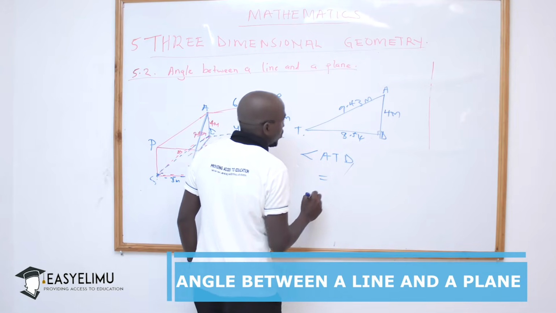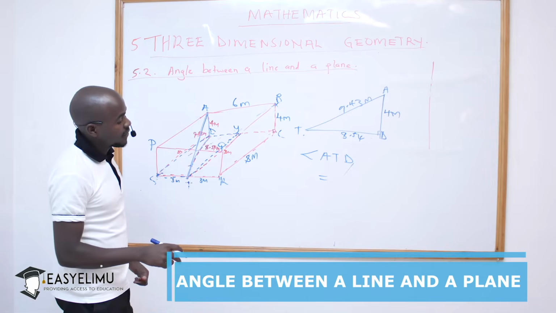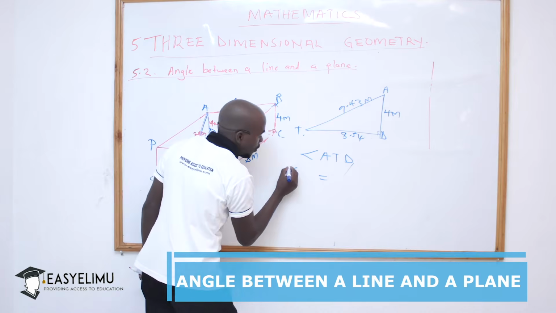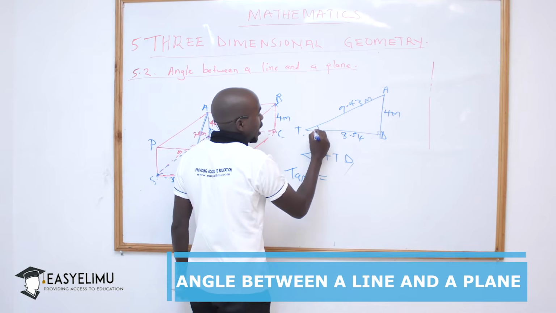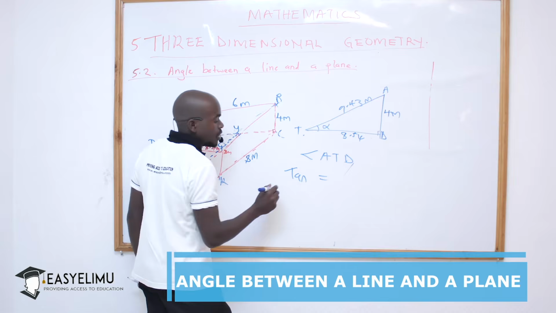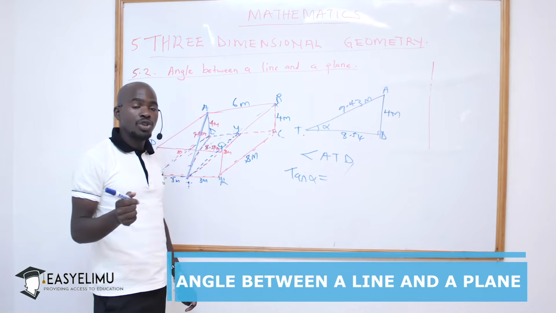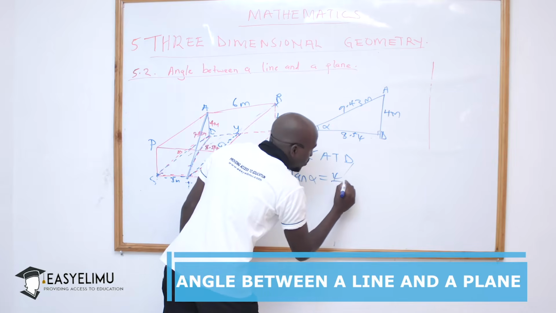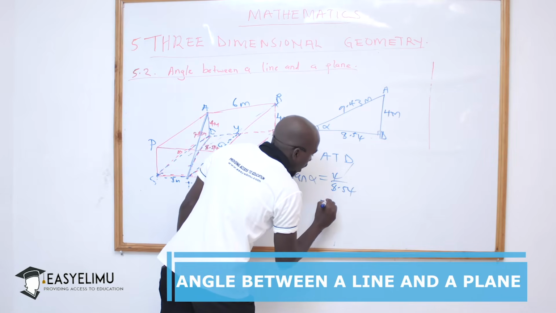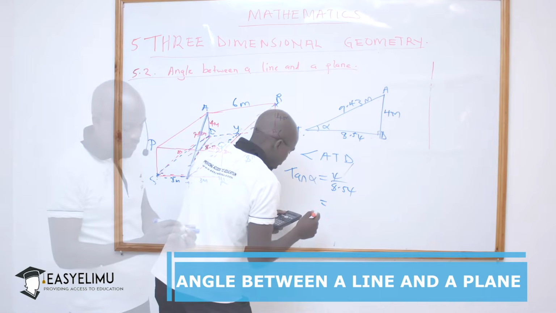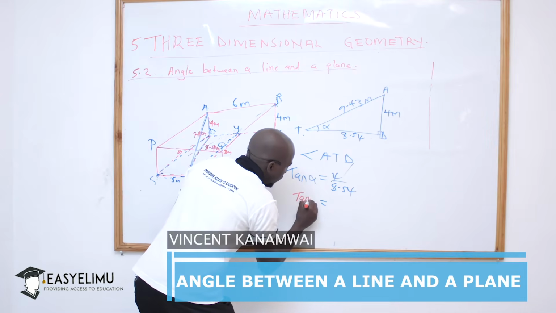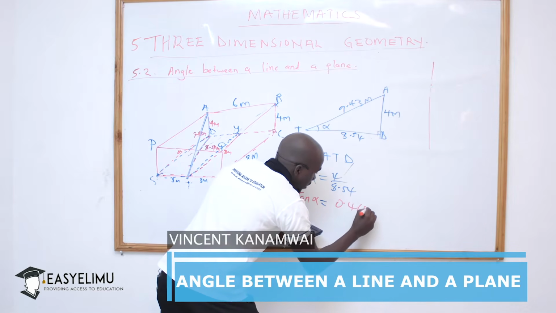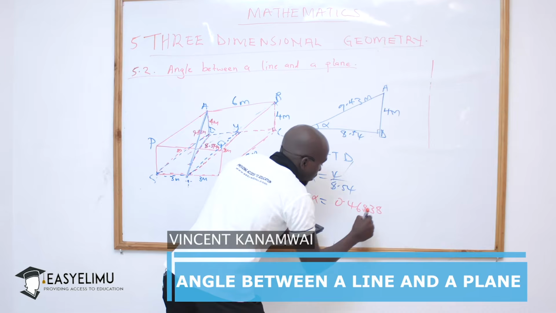So the angle ATD, we can use any of the forms. Let's use tan of the angle, taking our angle to be alpha. So tan alpha is opposite over adjacent, which is 4 over 8.54, and this gives us tan alpha equal to 0.46838.